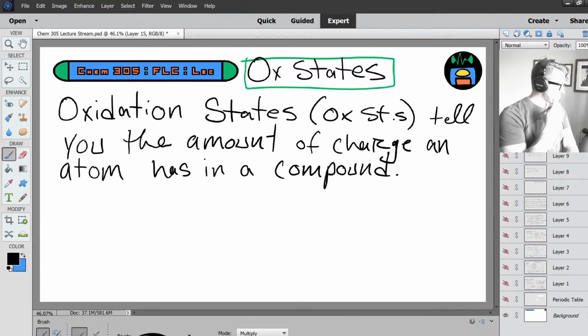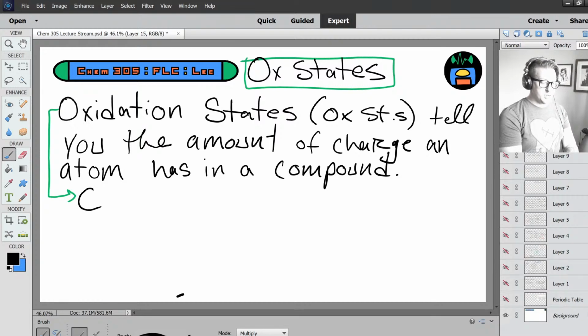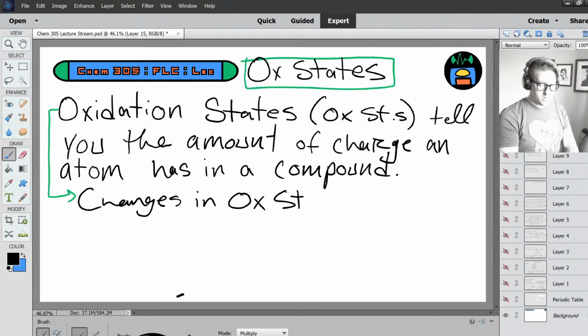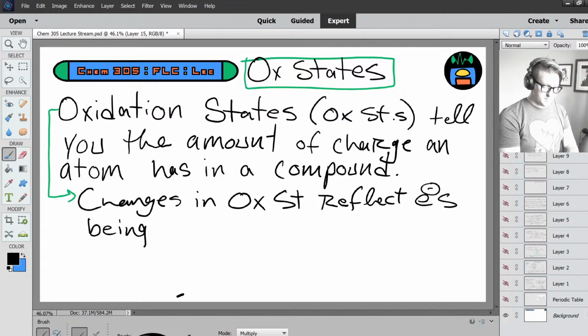All right? They tell you the amount of charge an atom has in a compound, and this is where it becomes important for us: changes in oxidation state reflect electrons being gained or lost.